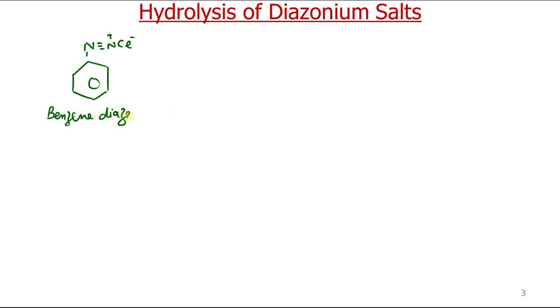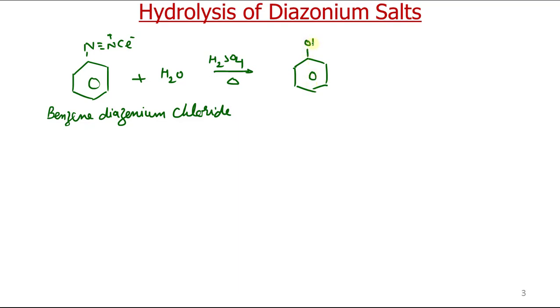So its name is benzene diazonium chloride. Upon hydrolysis, if we add water here in the presence of sulfuric acid, this is acidic hydrolysis, then we get phenol, OH, plus nitrogen gas is released plus HCl is produced.